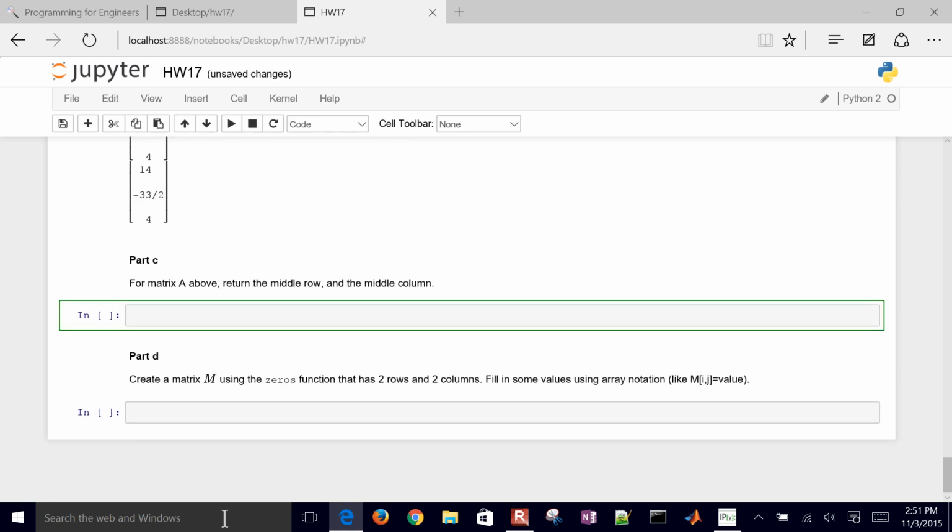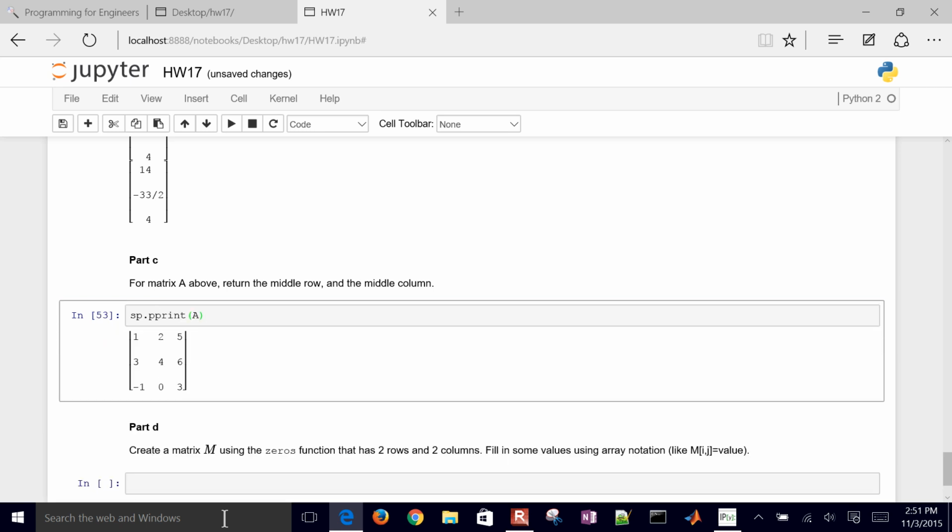And then for the matrix A above, return the middle row and the middle column. Okay, so to do that, we can slice this just like we've done in the past. I'll do sp.pprint, and we'll do A, just to be able to look at our A matrix.